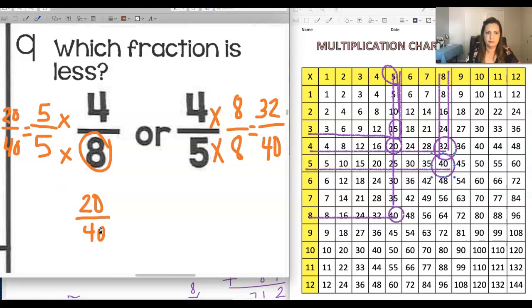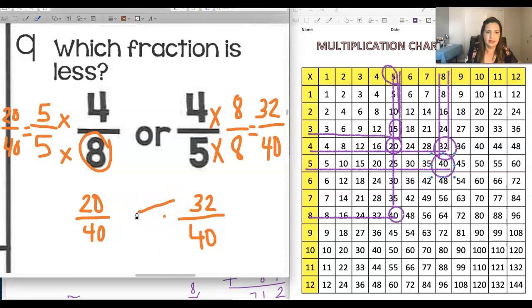Now I have two fractions with like denominators, 20/40 and 32/40. Since the denominators are now the same, I can look at just the numerators. Which is larger, 20 or 32? I can see that 32 is larger, so I'm going to put 2 dots next to 32, 1 dot next to 20.